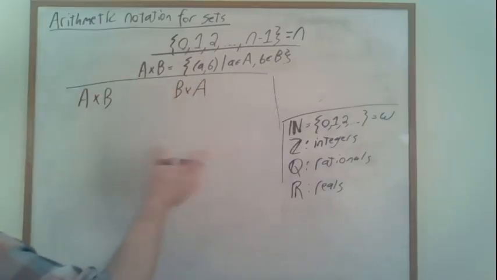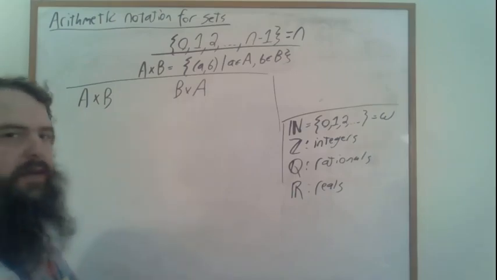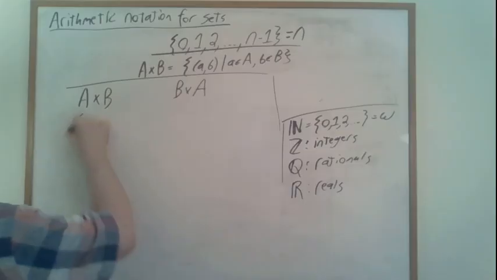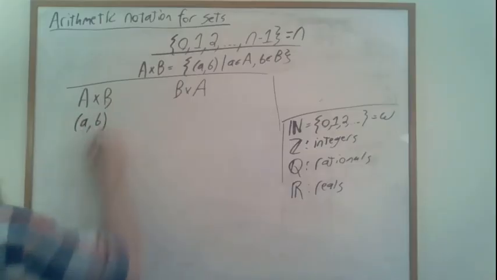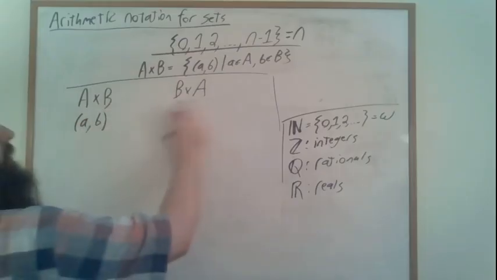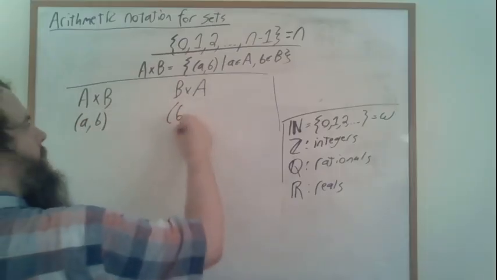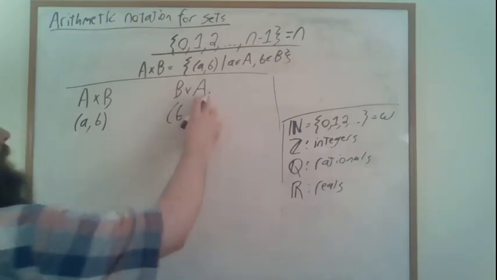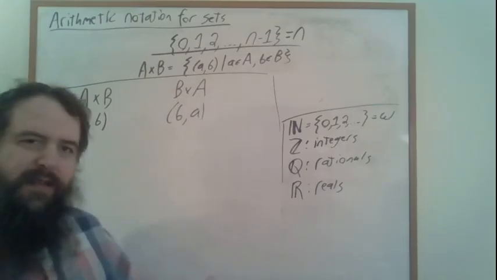I want to take a moment to note that A cross B and B cross A are slightly different from each other. A cross B is the set of all pairs of the form something from A followed by something from B. And B cross A is, of course, the set of all pairs something from B, comma, something from A. And oftentimes that doesn't make a difference, right?